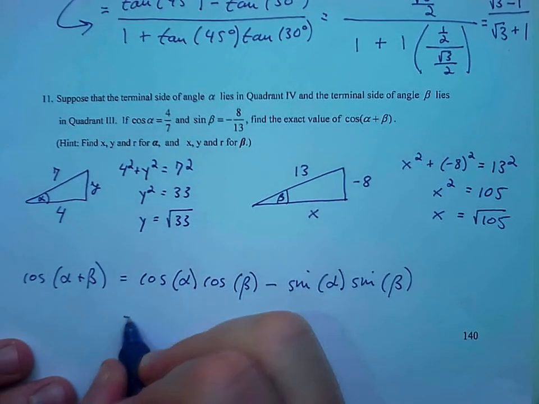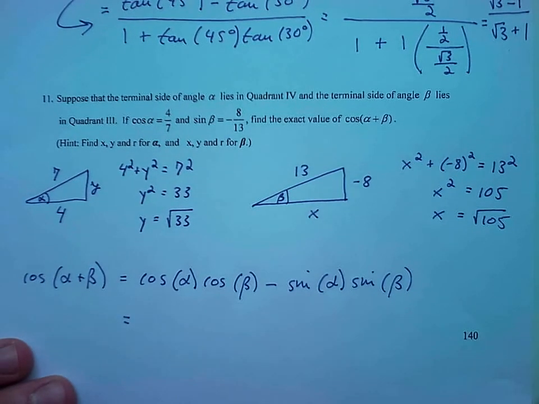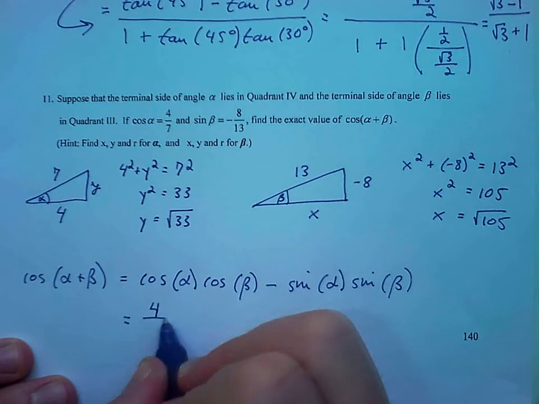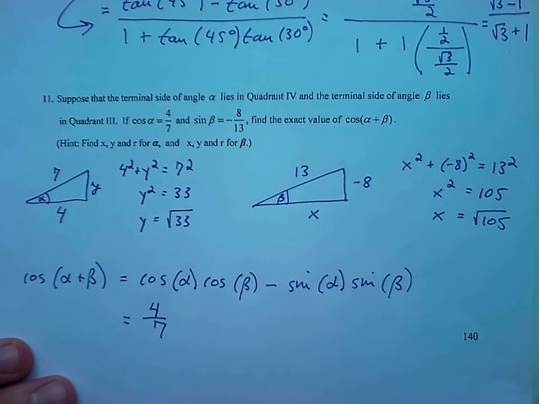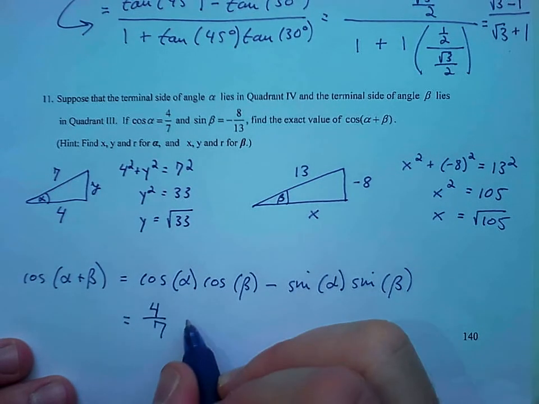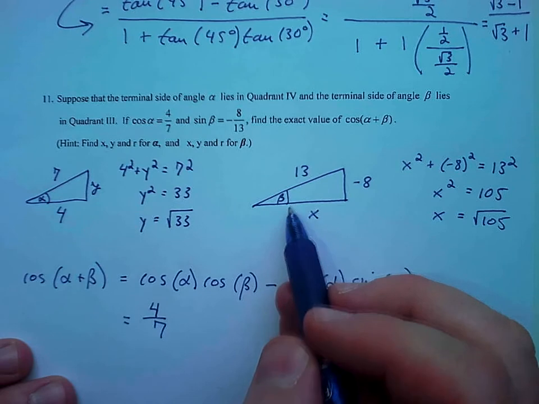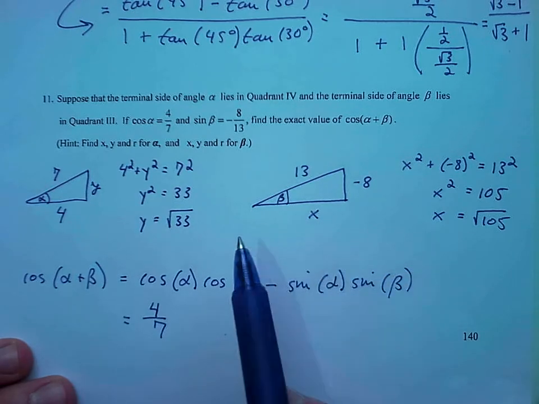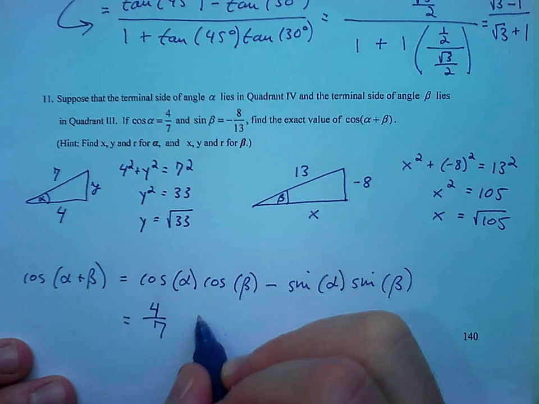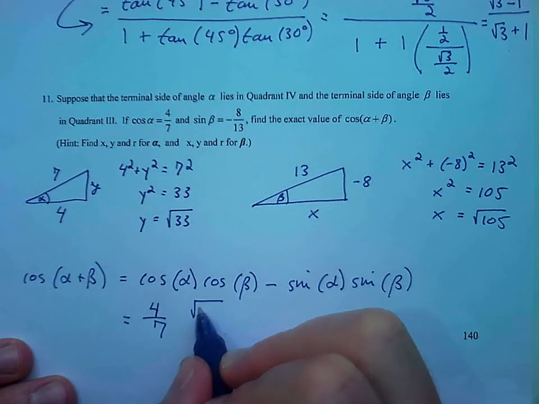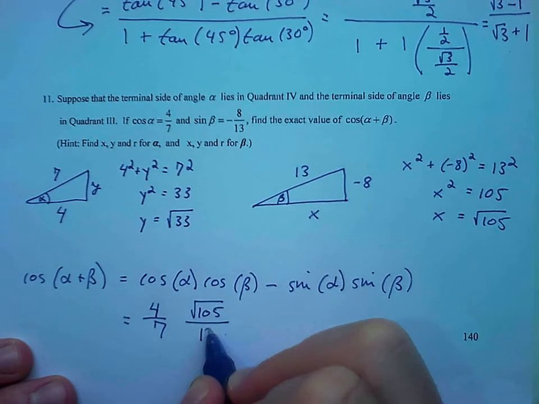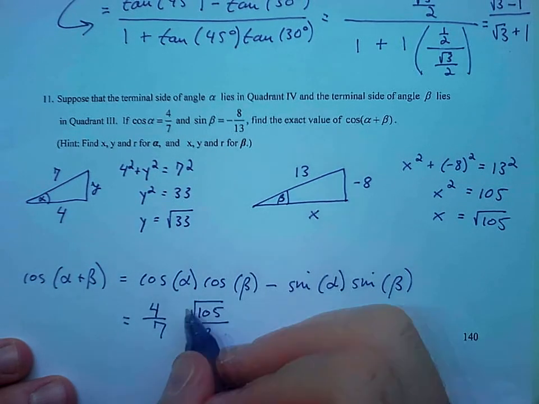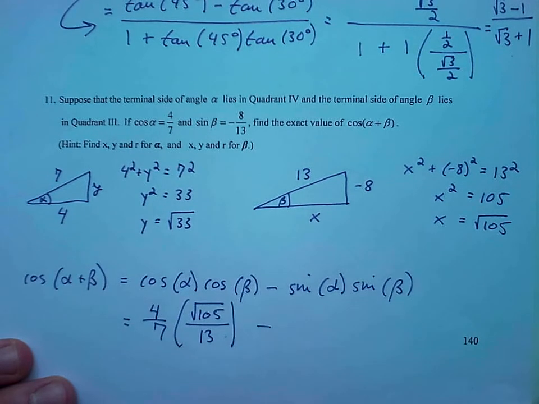And the cosine of alpha, we know, is going to be 4 over 7. That's what we're given. Now we're looking for the cosine of beta over here. It's going to be adjacent over hypotenuse. We figured out that x was equal to the square root of 105 and our hypotenuse is still 13. So these are going to be multiplied.